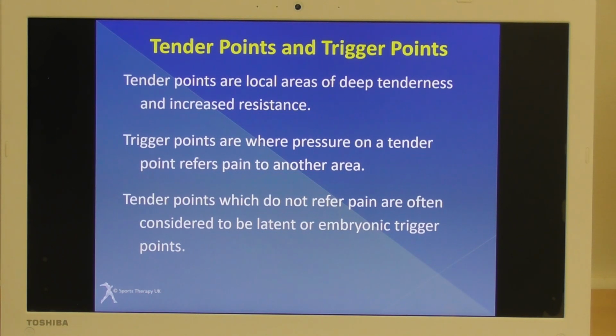So remember, this is not to be confused with trigger point therapy, something completely different. Tender points which do not refer pain are often considered latent or embryonic trigger points. So if we find a tender point and it's not referring, but we leave it alone, it has the potential to become a trigger point.